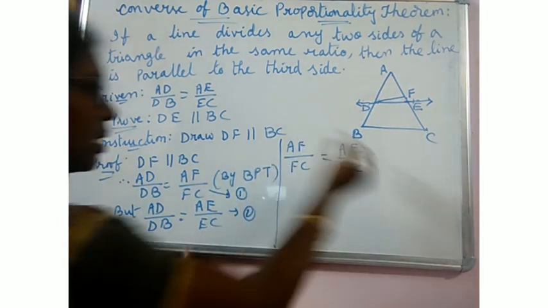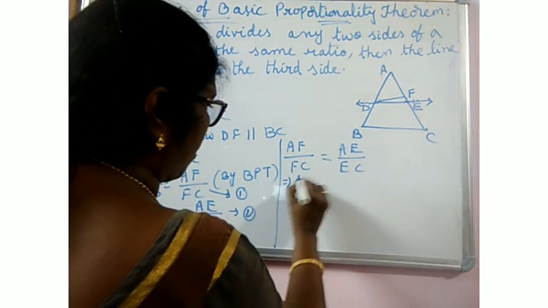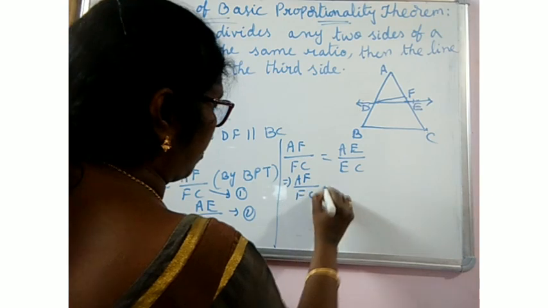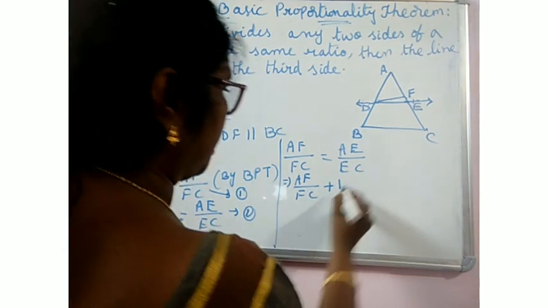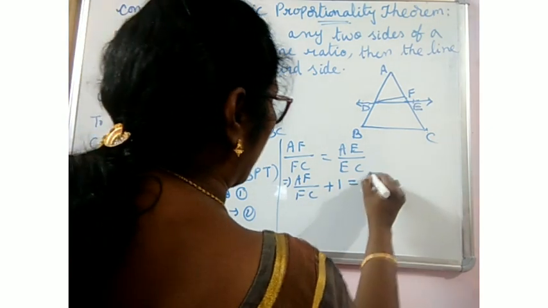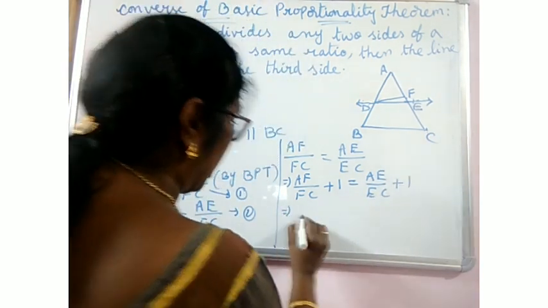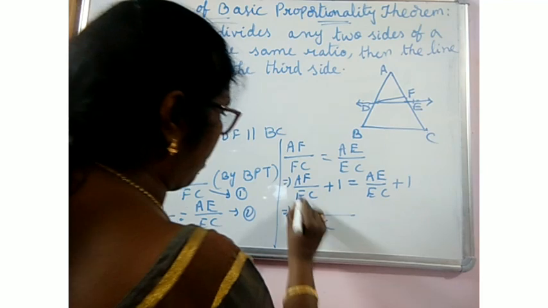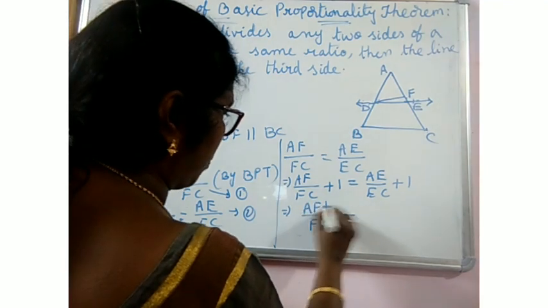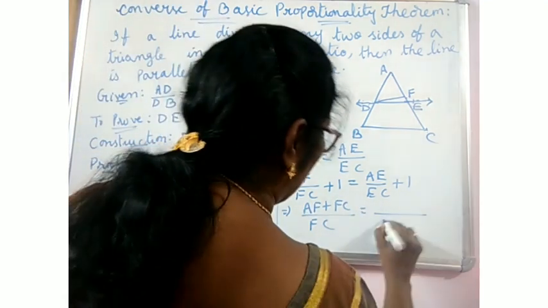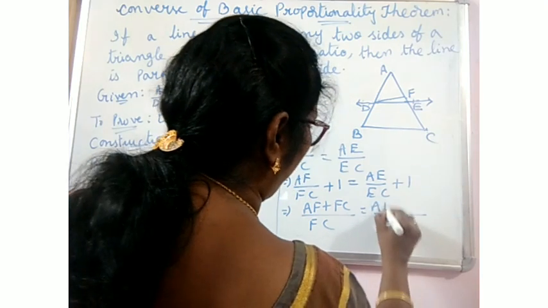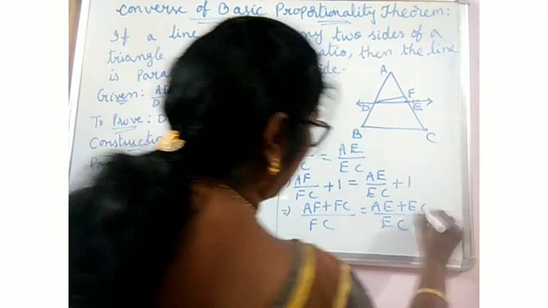Let us add 1 to both sides. AF by FC plus 1 equals AE by EC plus 1. FC will be the LCM on one side, so you will get AF plus FC, and on the other side EC will be the LCM, so AE plus EC.